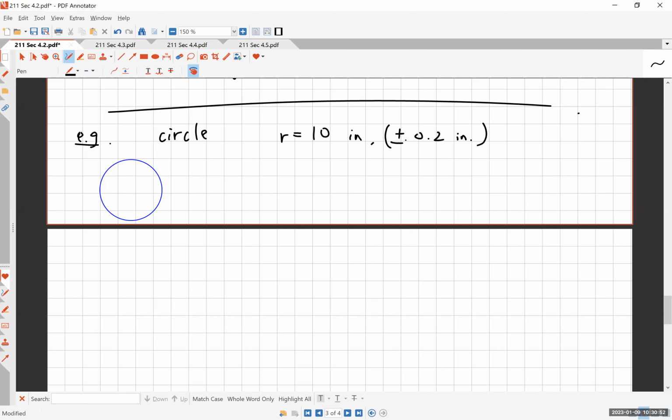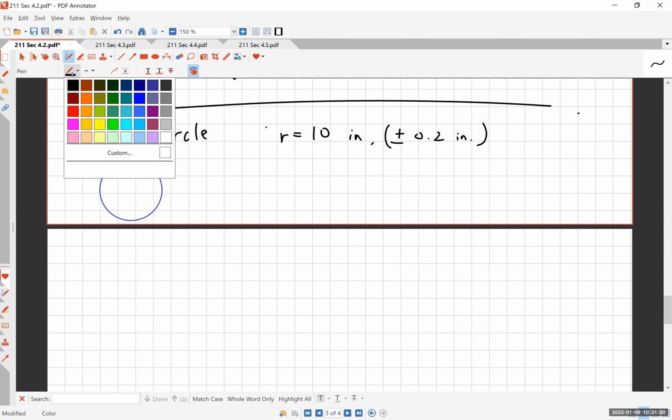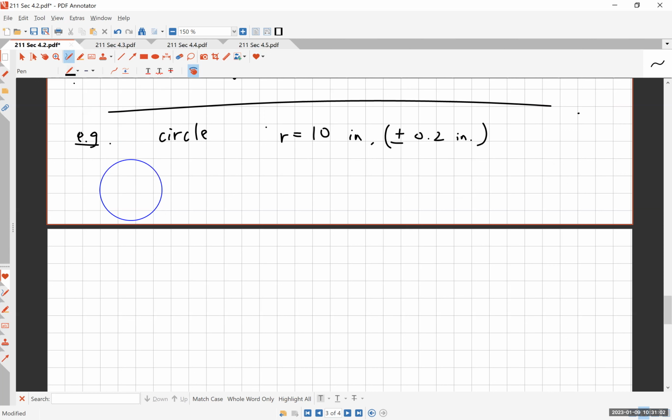Let's say I ask somebody to draw a circle of radius 10 inches, and the person says, well, I couldn't make it too precise, so there may be a plus or minus 0.2 inch error. So this is an error estimate for r.